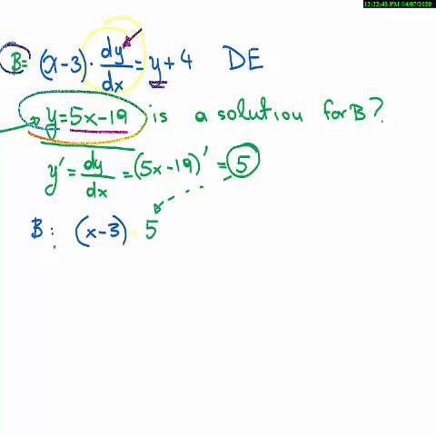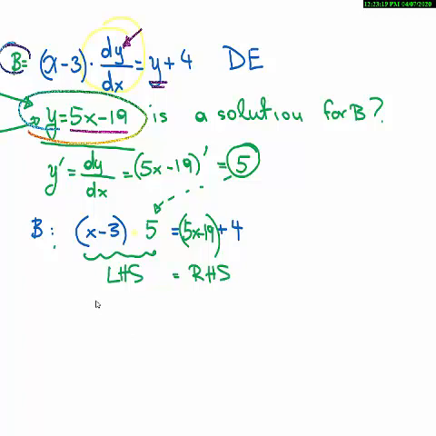Okay, I leave the parts of the equation that I had from B before, and I replace only those parts that have to do with y. So what is the y now here? Well, if this is a solution for my B, then I replace this y with 5x minus 19, then the left-hand side of B must be equal to the right-hand side of B.